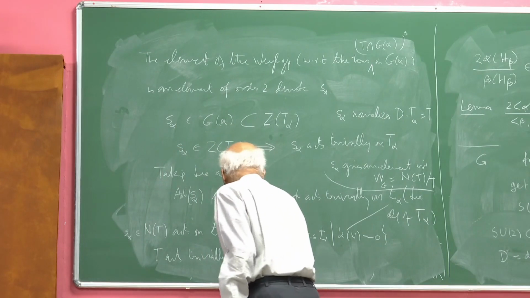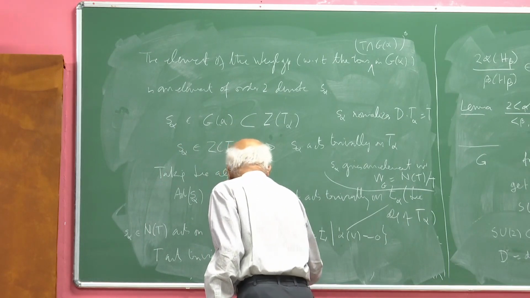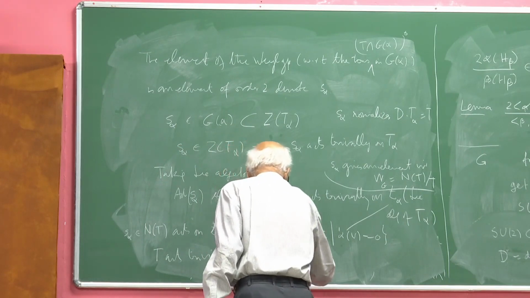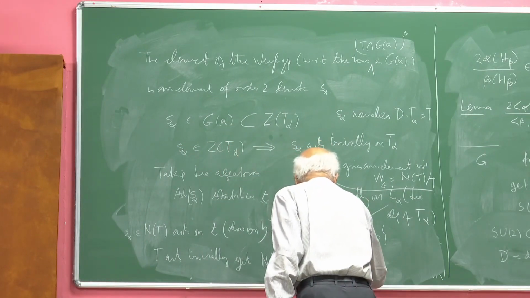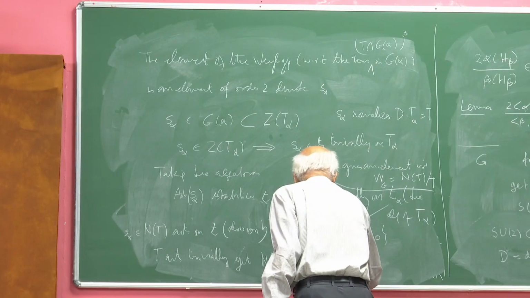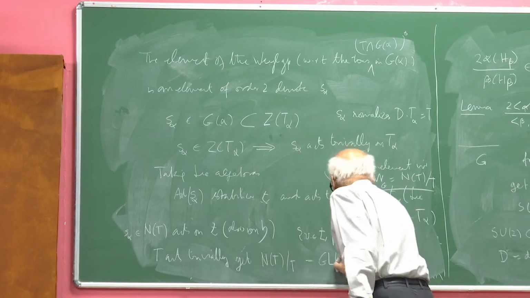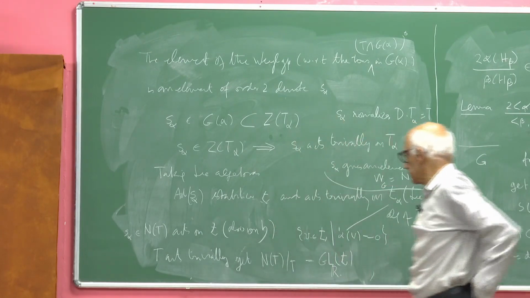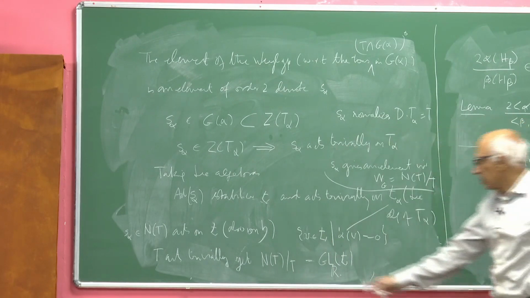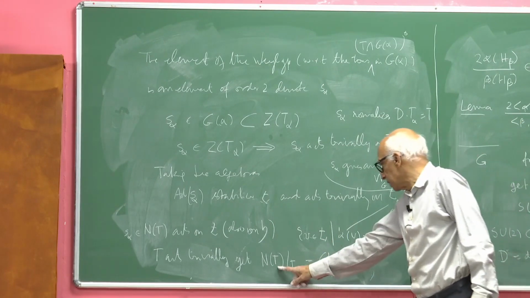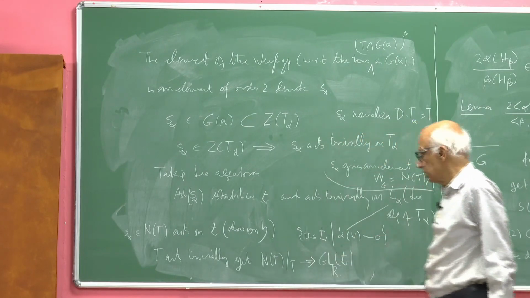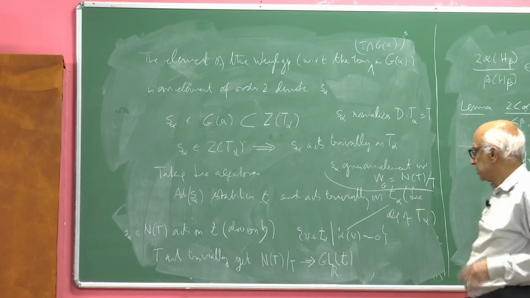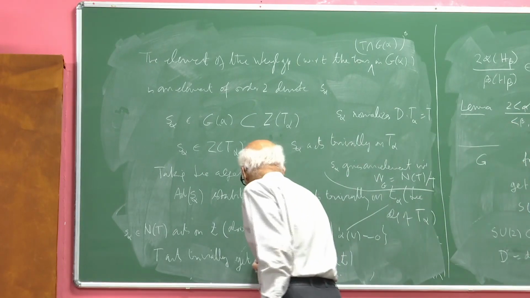So you get NT by T into GL of T. You get a natural map from NT by T into the linear automorphisms of T. You get a representation, so to speak. But this is W, the Weyl group.